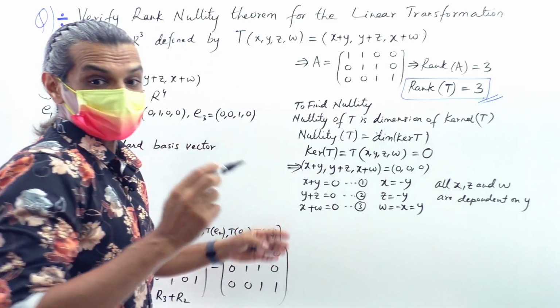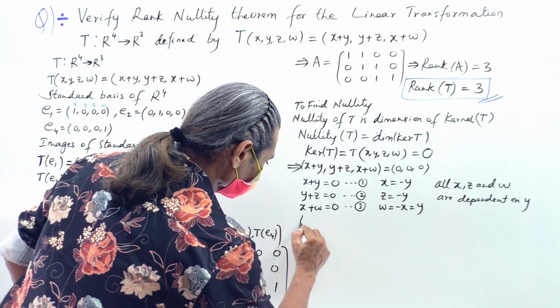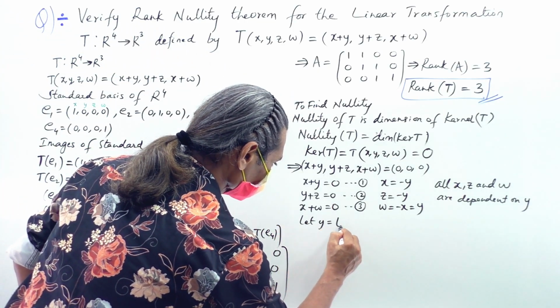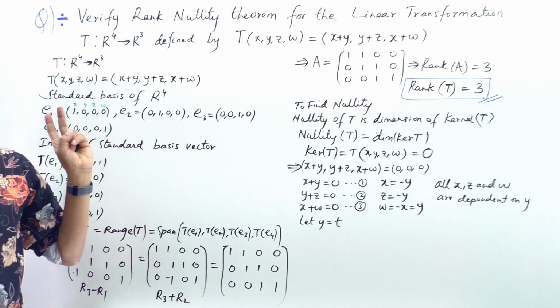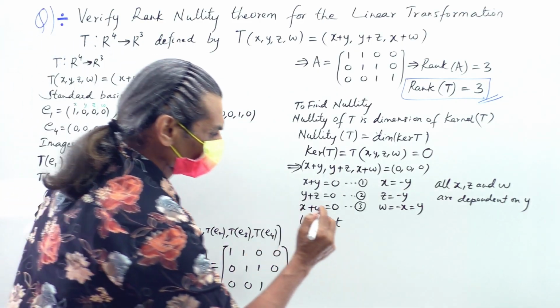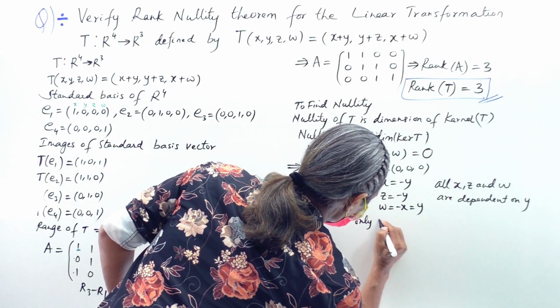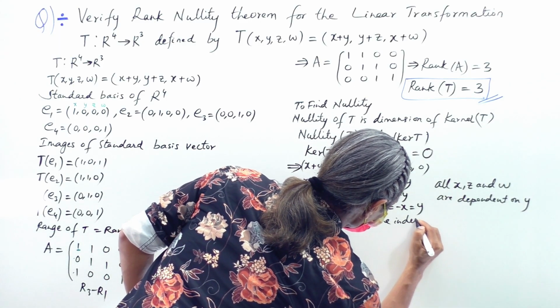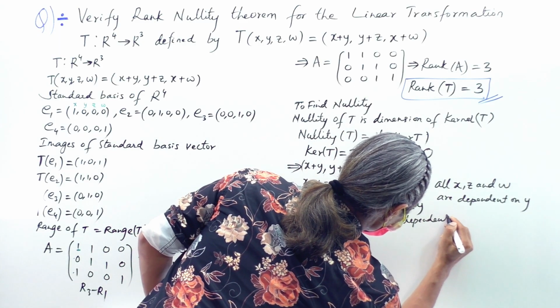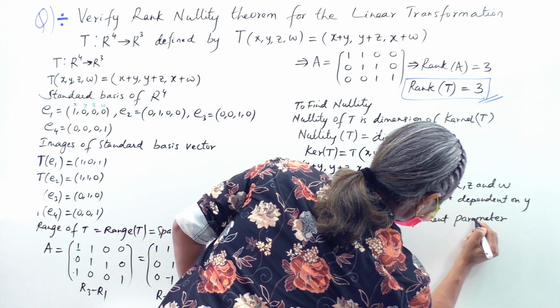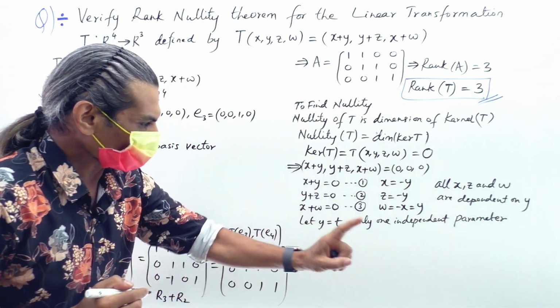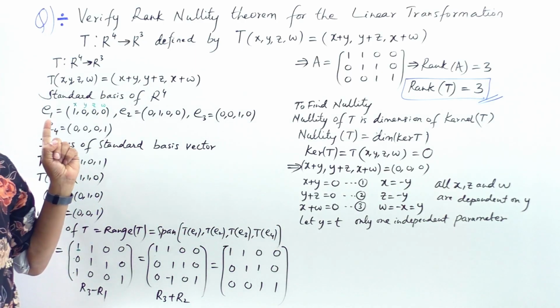So let y be equal to t. Now when y is equal to t, I take this as only one independent parameter, that is y equal to t.